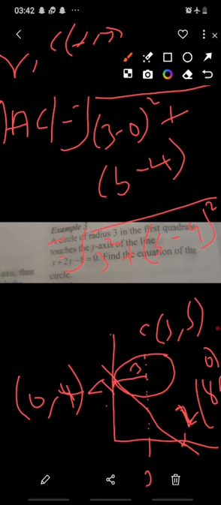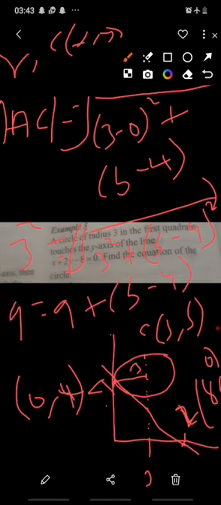But we know that the distance from A to C is 3, that's the radius, and you put that there. To clear the square root sign, we have to square both sides of the equation. Then we have 9 = 3 squared plus (b - 4) squared.